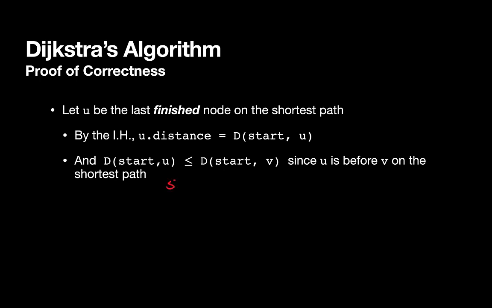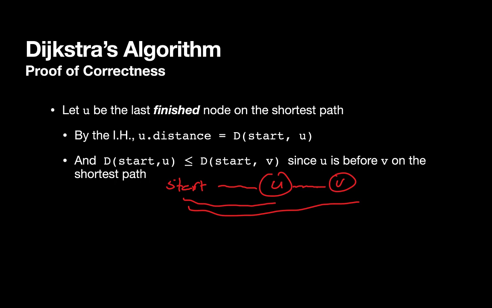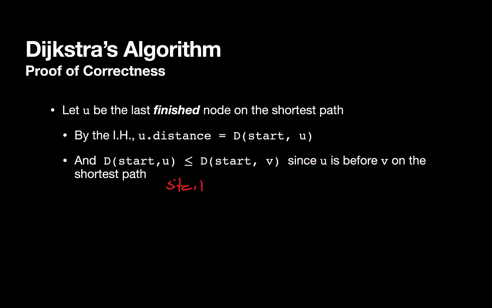So again, we go from the start, meandering along to our node U, meandering along to our node V. Okay, so we've already got this distance to U, and the overall distance to V has to be greater than or equal to that, because the total sum of the edge weights of this intervening stuff in between has to be greater than or equal to 0. Okay, so we'll consider this in two different cases.